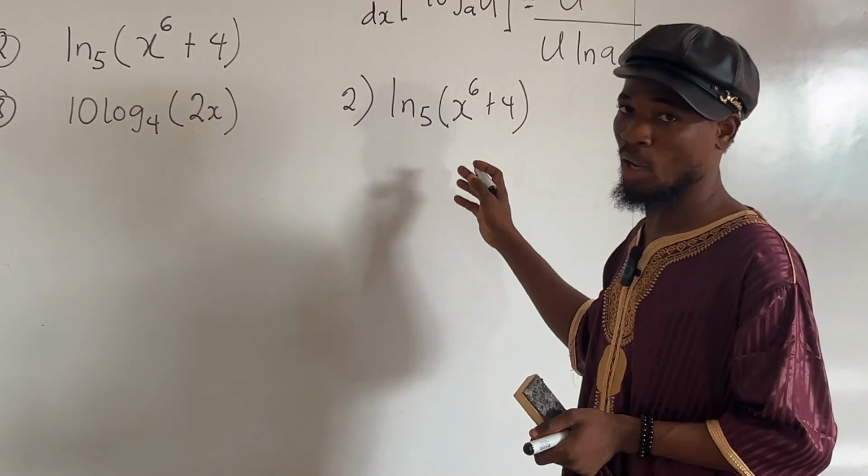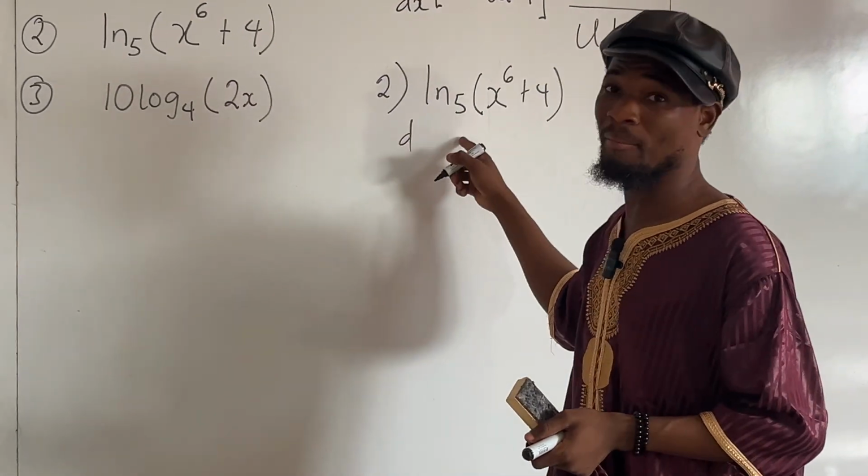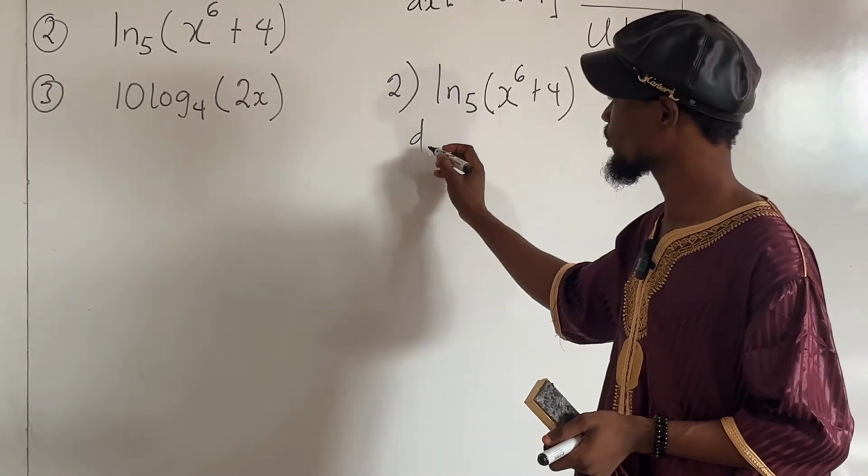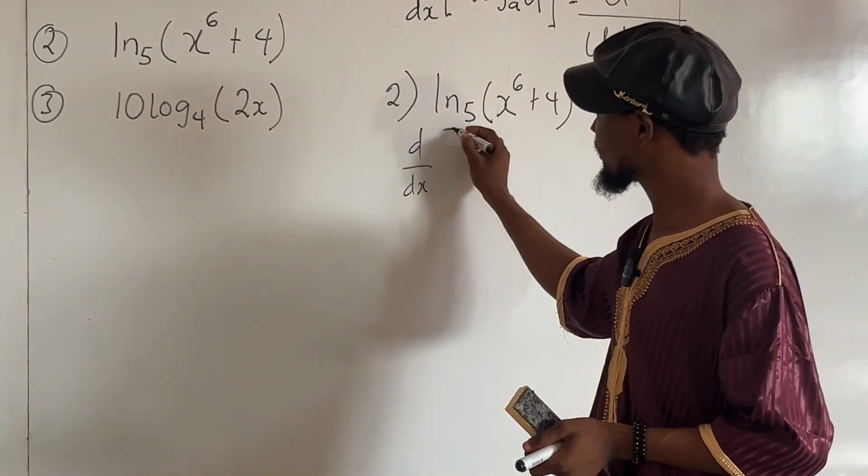You already know what to do, right? So what shows that I'm differentiating, or that I'm taking the derivative of this function? By including d over dx.